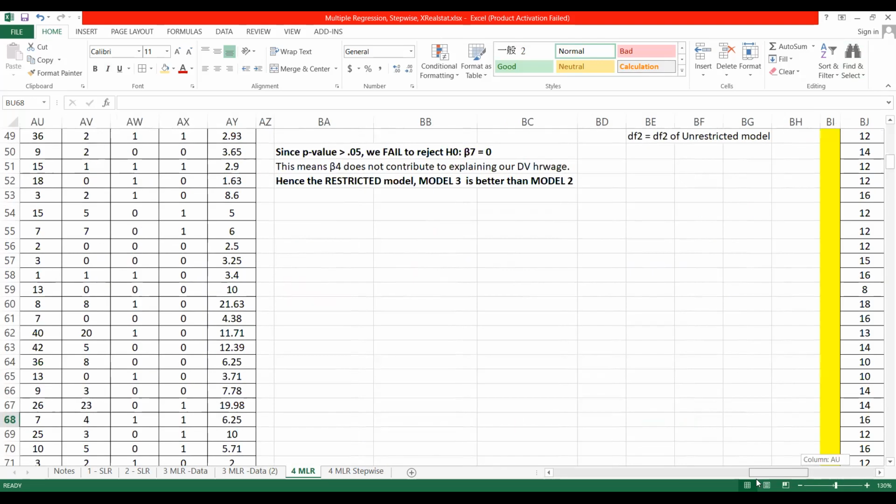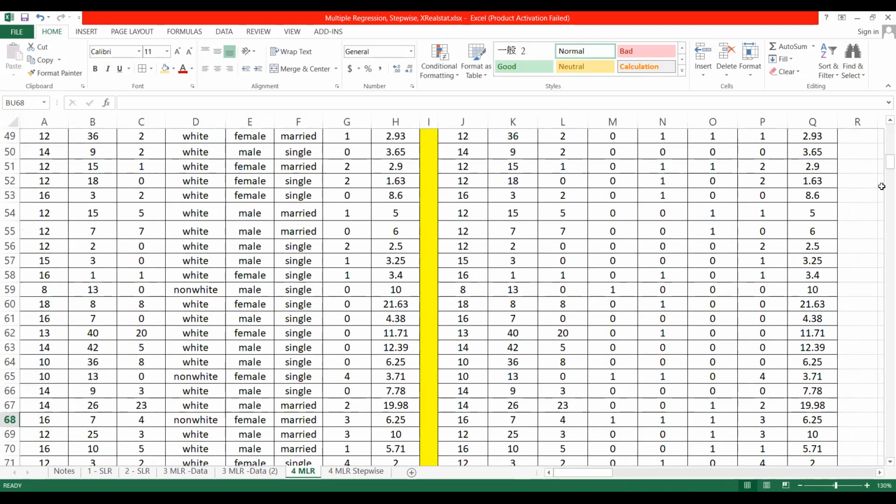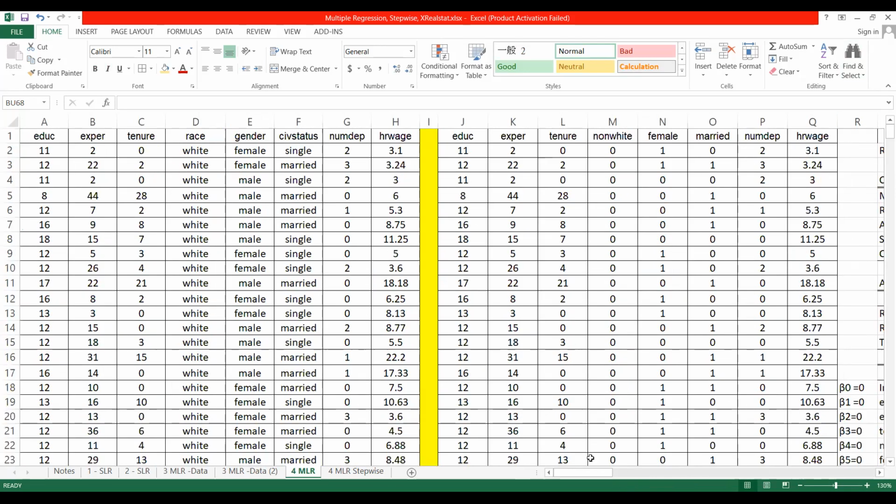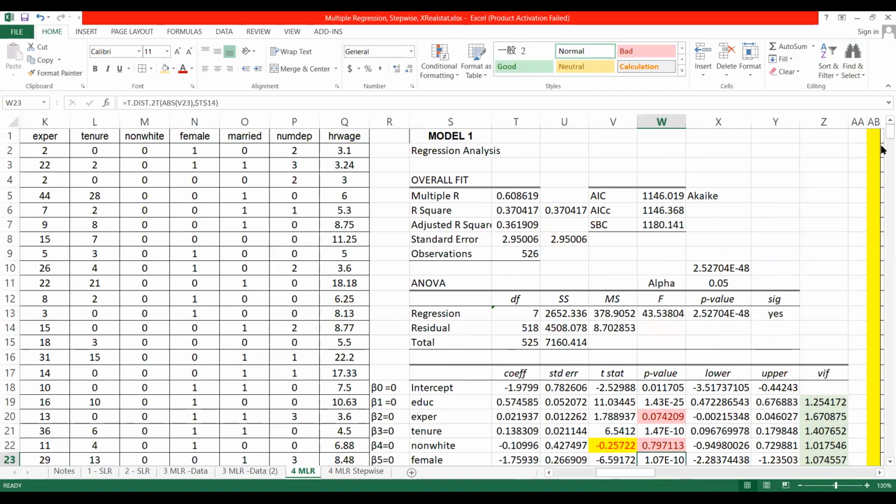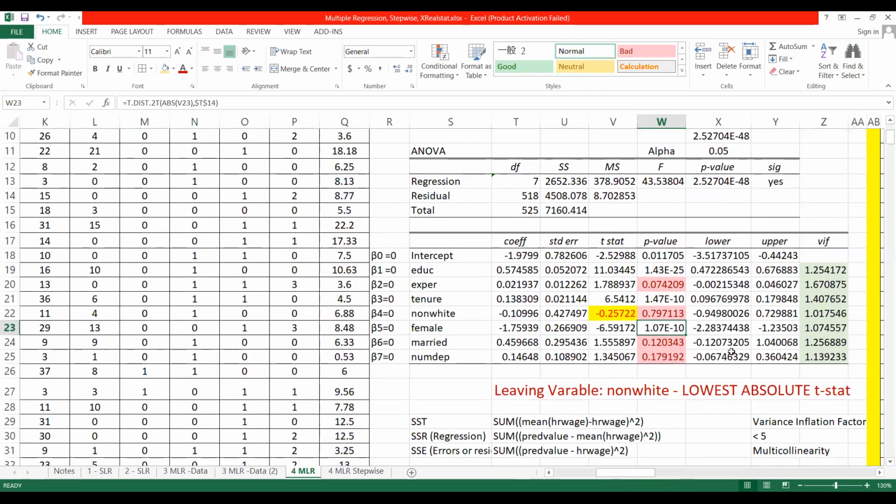And tingnan nyo, guys, kung tumigil na tayo dun sa unang-una, di ba, nag-model tayo, model number 1. Ito yung una. Tapos, di ba, ang natira na lang dito si education, si tenure, at saka si female. Okay? Tatlo lang, no? We would have removed the 4. So, mali yun, no? Kasi stepwise regression dictates that we have to do it step by step. So, nag-stepwise backward tayo dito. Take note, si married, guys, it was insignificant here.